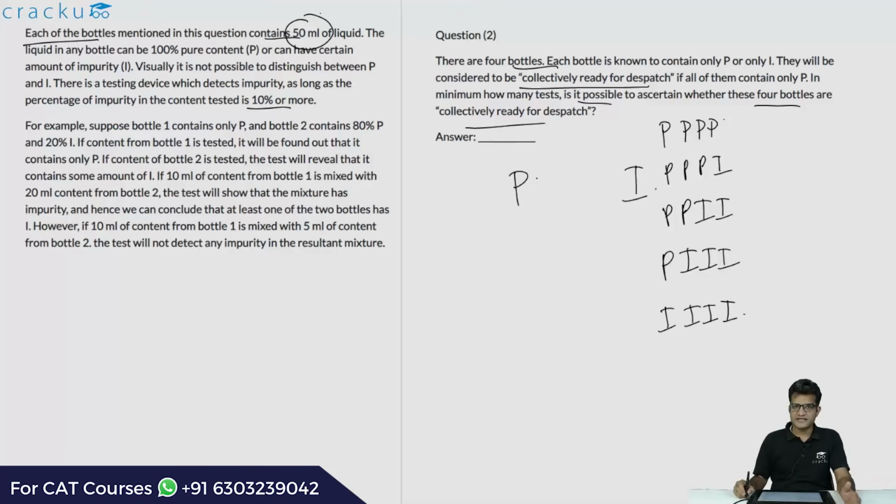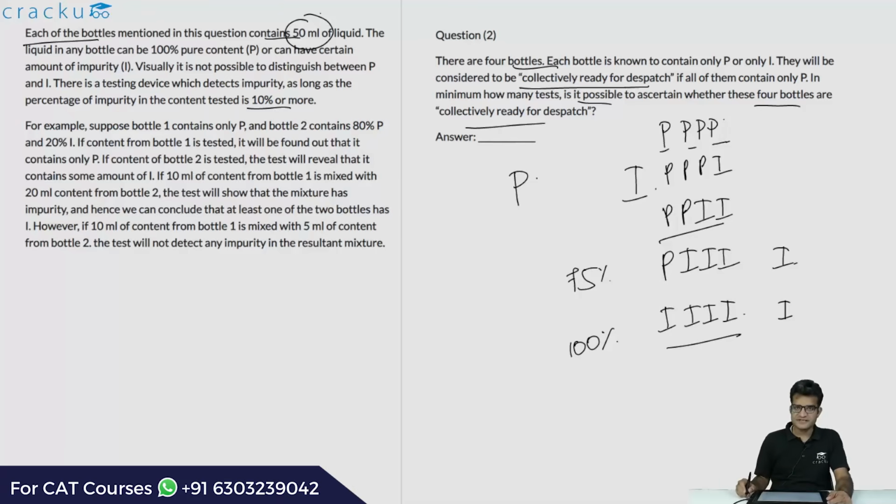Now if you are doing a test where you are taking a small sample from each of the 4 of them and you are testing whether there is impurity or purity. In the last case, the test is going to determine that it is impure, because the percentage impurity in this particular case will be 100%. In the earlier case, the percentage impurity will be 75%. So when a test is done by taking small samples from each one of them, it will be determined to be impure.